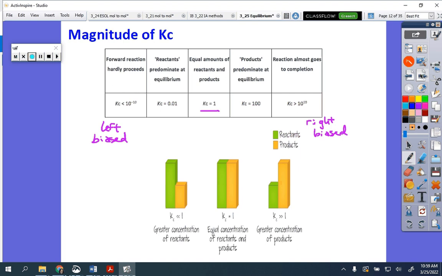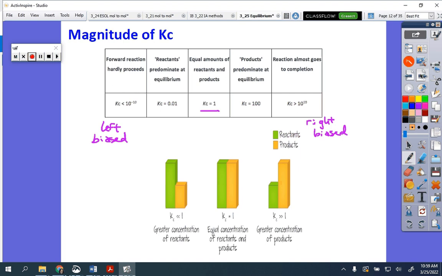And if it's significantly less than 1, then it basically means we've hardly done the forward reaction at all. If it's significantly, like orders of magnitude greater than 1, then it means we've practically gone to completion.